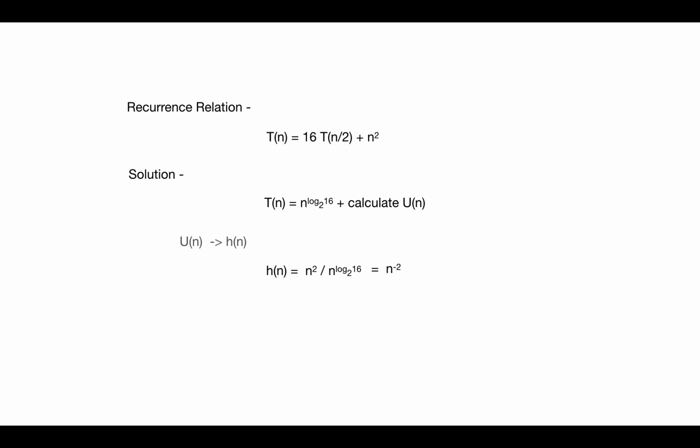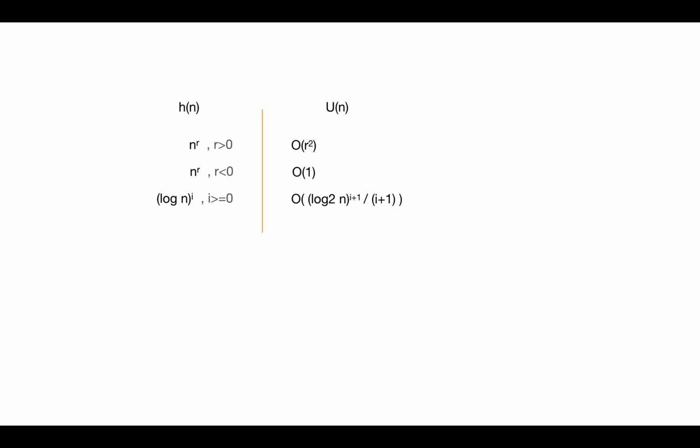Now it is time to get the value of u(n) according to this h(n) from the table. Here we are getting n^(-2), so r is -2, which is negative, so the value of u(n) is O(1). We put this constant time O(1) in the equation for T(n).